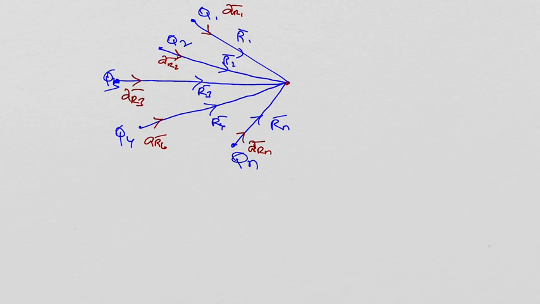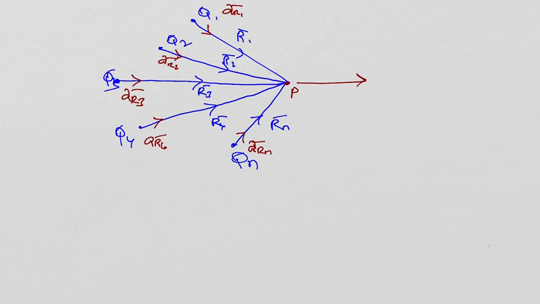So at point P, the force exerted on a charge due to n number of charges present around it is a vector sum of the individual forces exerted by individual charges. So the electric field at a point due to n number of charges surrounding it is obtained with the help of the superposition theorem or superposition law. Consider n number of charges Q1, Q2, Q3, Q4, Qn.